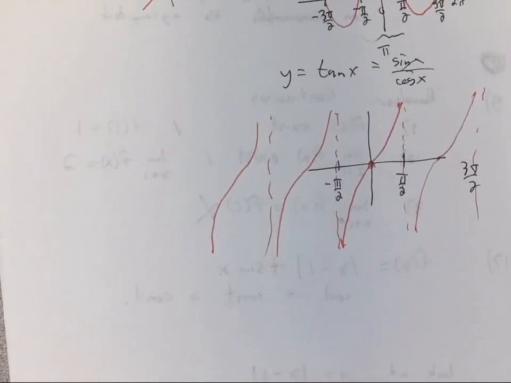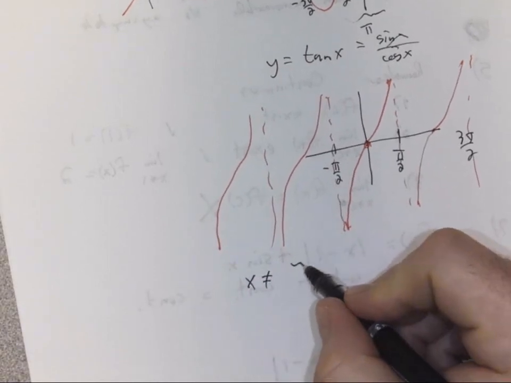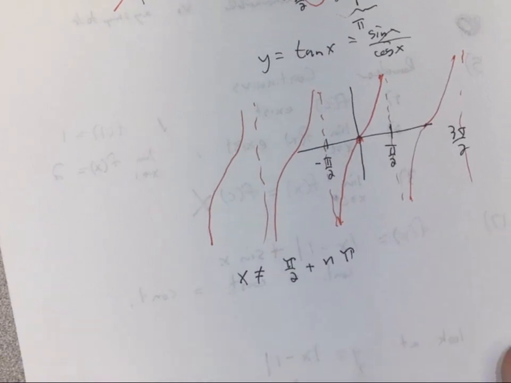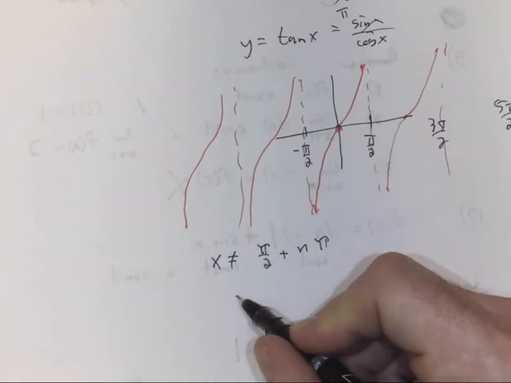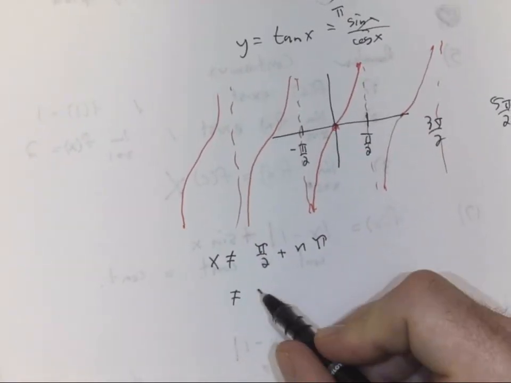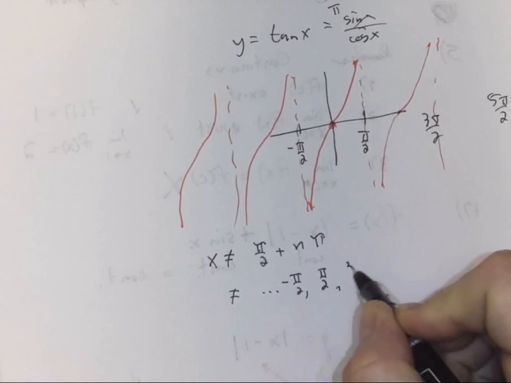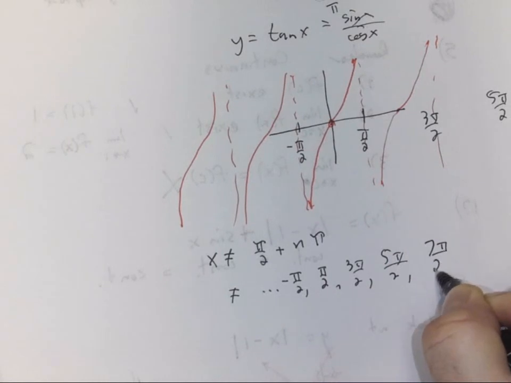So what I know is x is not going to be allowed to be equal to pi over 2 plus all multiples of pi, right? So remember what this actually means. This is supposed to be minus pi over 2, 3 pi over 2, 5 pi over 2, 7 pi over 2, and a heck of a lot more.